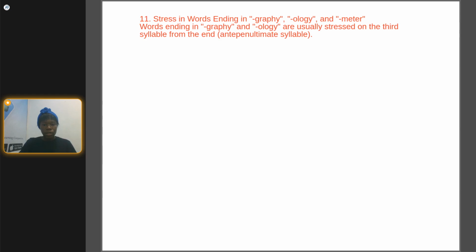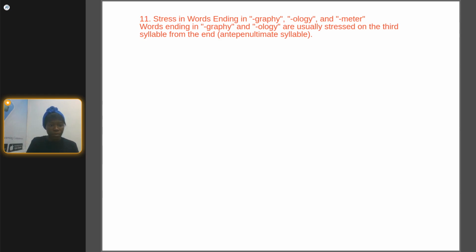So we are looking at words ending in graphy. We're basically talking about suffixes. When we mention things like this, just know that there are suffixes for some particular words. So graphy, ology, meter. Okay, this is what I mean.